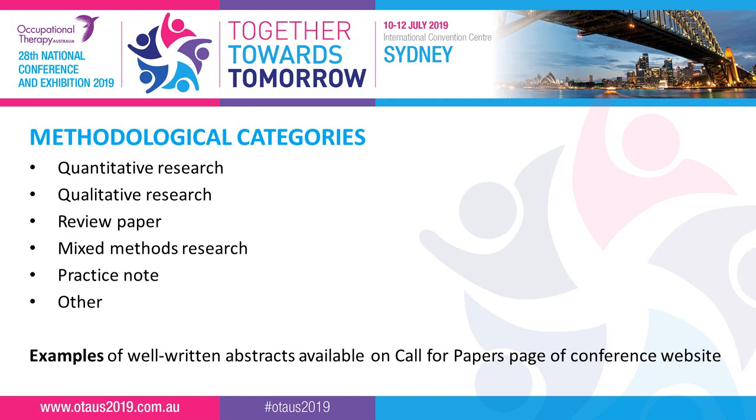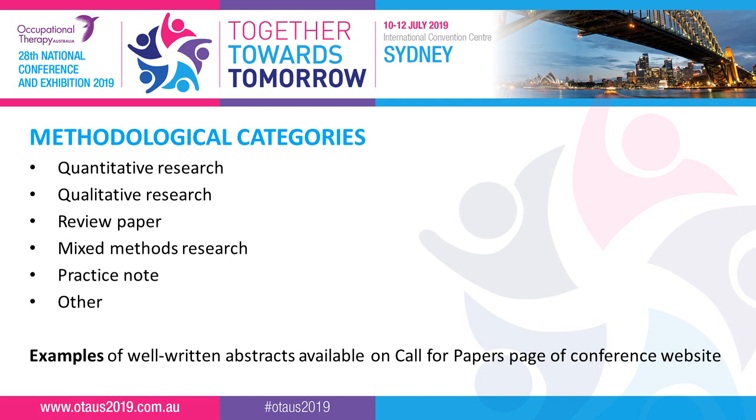Another note about review papers is that following feedback from delegates at conference over the past several conferences, review paper authors who are selected for an oral presentation of a review paper will be required to focus on implications for practice very significantly within their presentation. In previous years, people have described the methodological process in a lot of detail and then only given a very brief implication for practice.